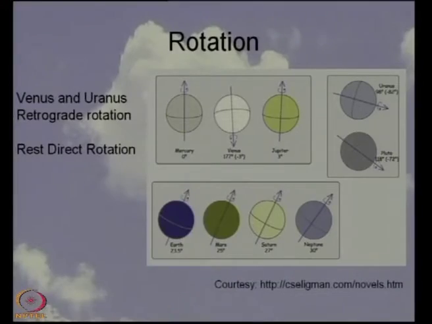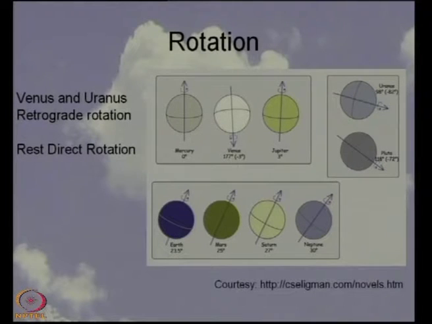The Earth, if you look from the north pole, is rotating counterclockwise, it is also revolving in the counterclockwise direction. So, the two angular momentum vectors are in the same direction. This is called direct rotation. So, when the rotation and revolution are in the same direction, it is called direct rotation, and most of the planets show this.